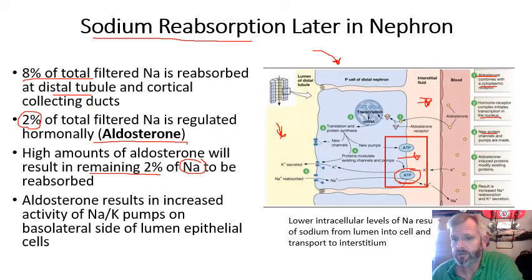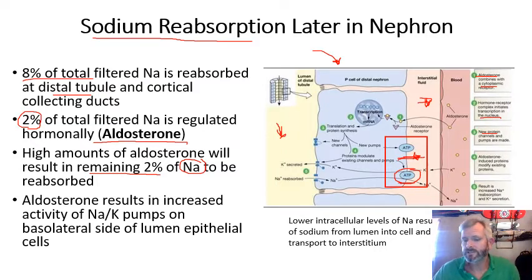Aldosterone also ramps up the activity of the existing sodium-potassium pumps. So we're getting more sodium-potassium pumps and we're ramping up the activity of them, and that causes more sodium to be taken from the cell and brought in here. And of course, if it's taken from here, that causes more of the sodium to be reabsorbed.